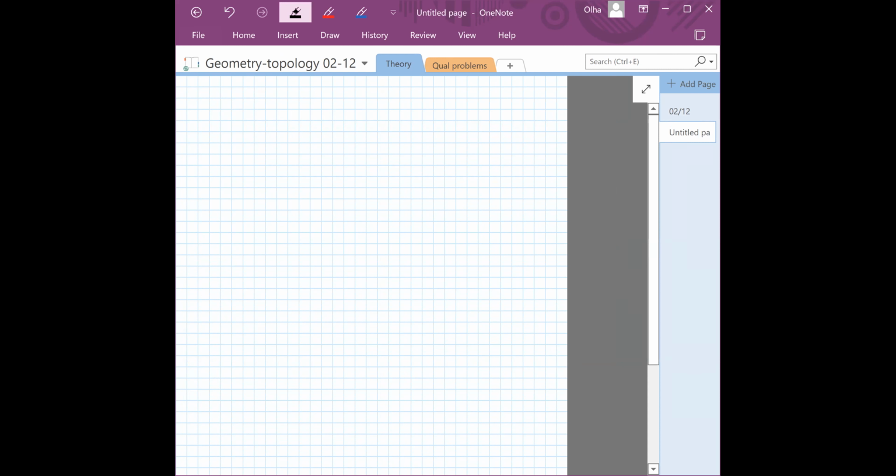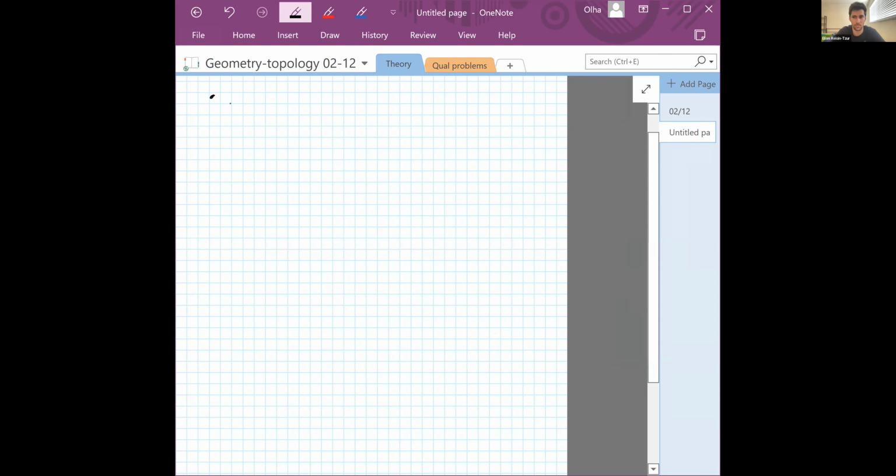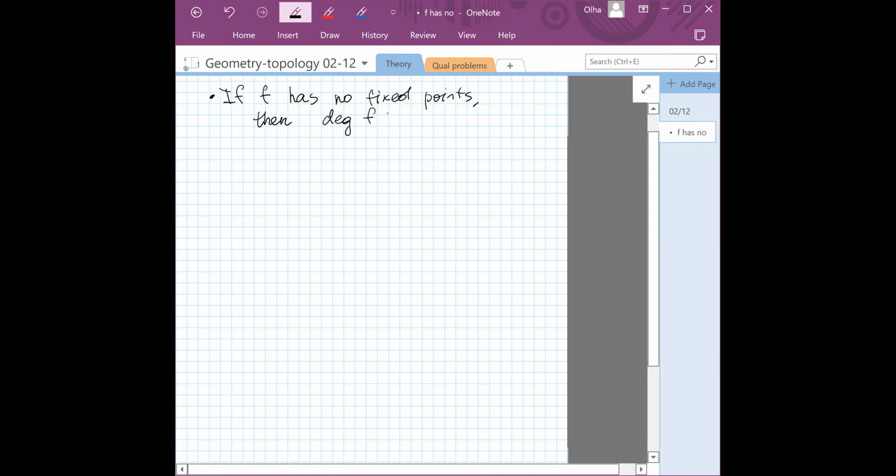And the last property is that if F has no fixed points, then the degree of F is (-1)^n.